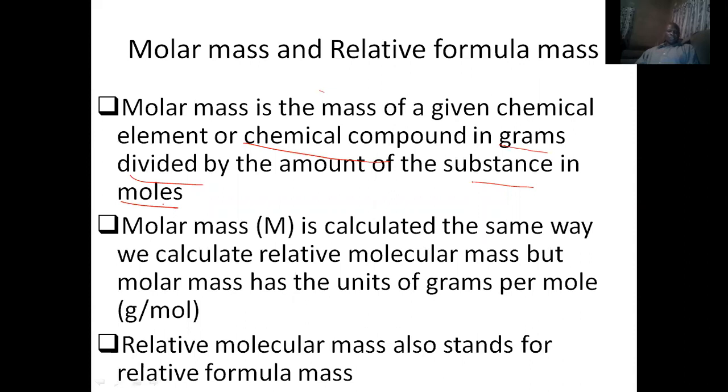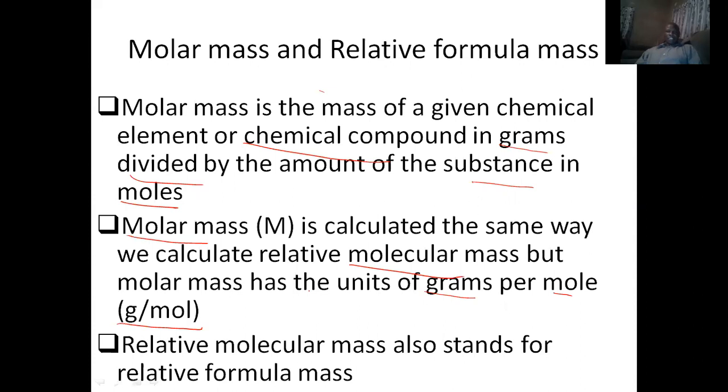The molar mass is calculated in the same manner as we calculate the relative molecular mass. However, we include units for molar mass, that is grams per mole, as we saw in the definition that we need to find the mass of that chemical compound and divide by the amount of the substance in moles.